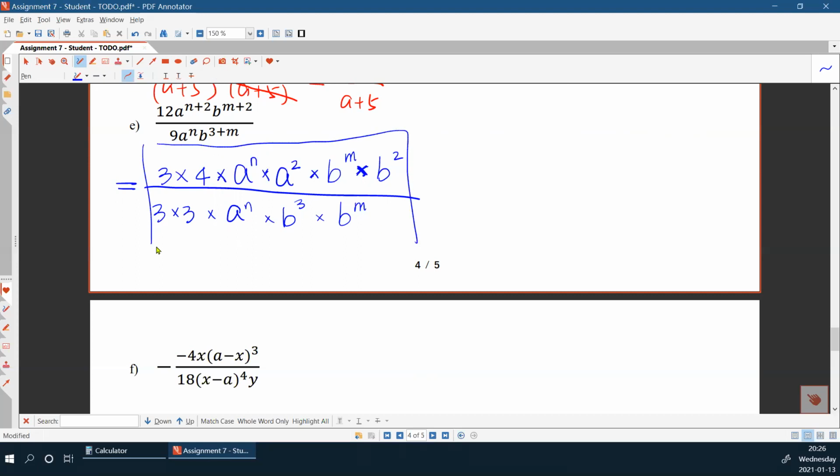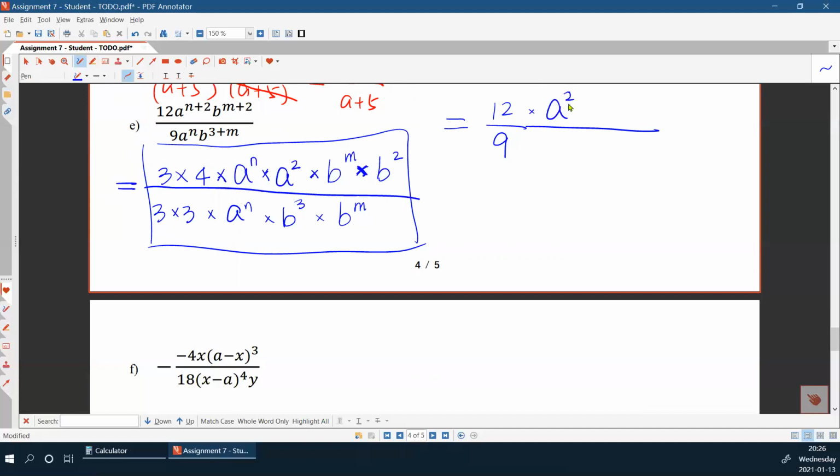Write it like this, because we can directly write it like a to the n plus 2nd divided by a to the nth, which is a to the 2nd, right? You can directly simplify it, actually.